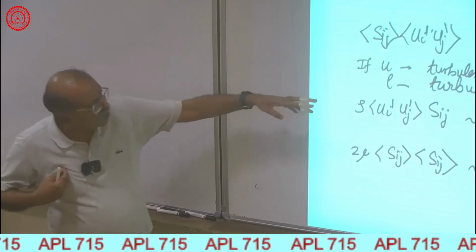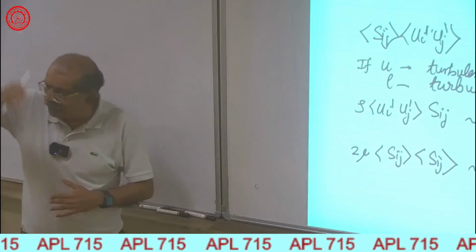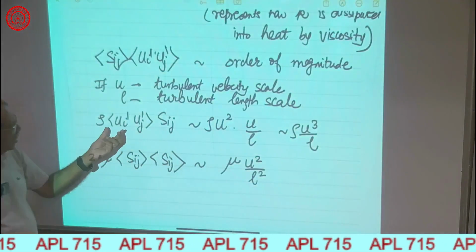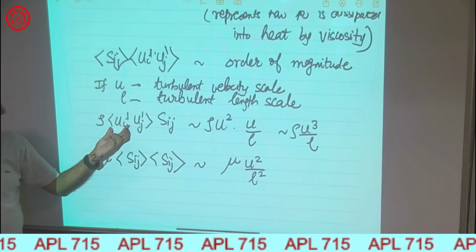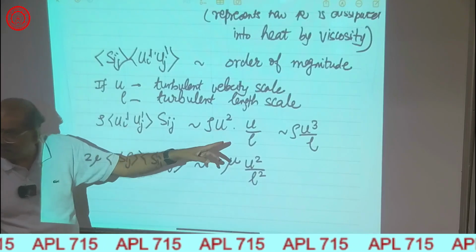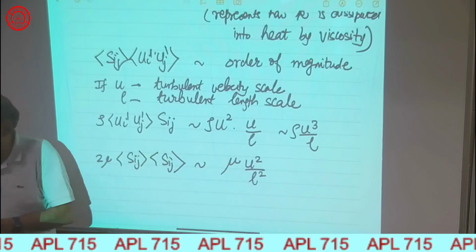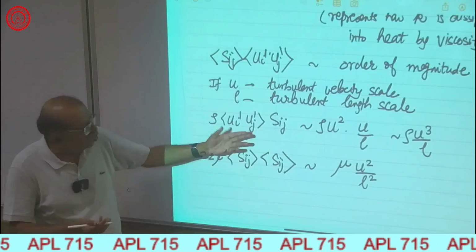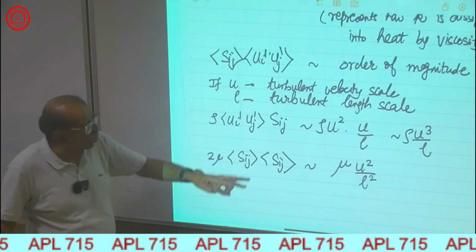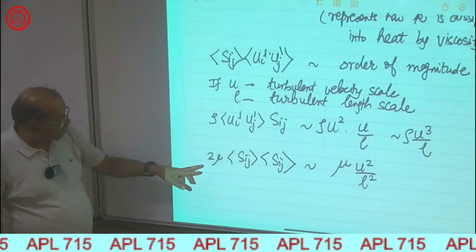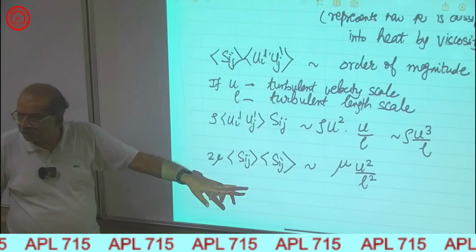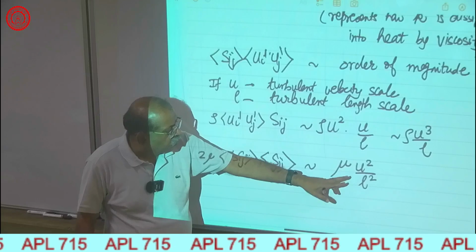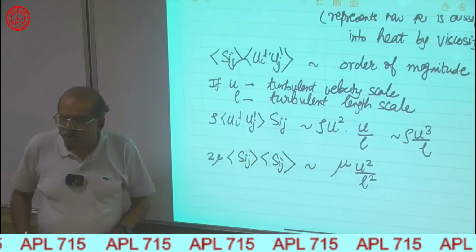So we write it as u, and if L is the length scale, the mean velocity gradient will be of the order of u by L. The fluctuating turbulent kinetic energy will be of the order of u square, if u represents, let's say, the RMS of the velocity fluctuations. So this term is of the order of rho u cube upon L. If I look at 2 mu Sij by the same logic, the order of magnitude of that will be mu times u square upon L square.